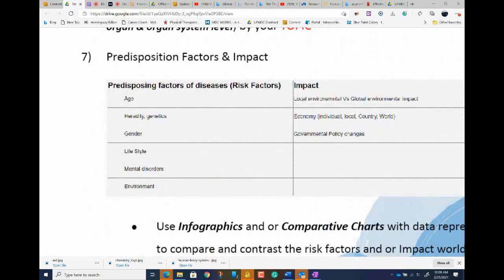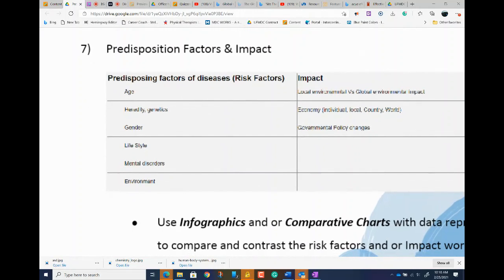This is more towards the diseases. Predisposition factors and impact means what factors will cause you to elicit or increase the chances of you having, acquiring or developing the disease. Age, you guys know as you age, I don't know, let's talk about liver.